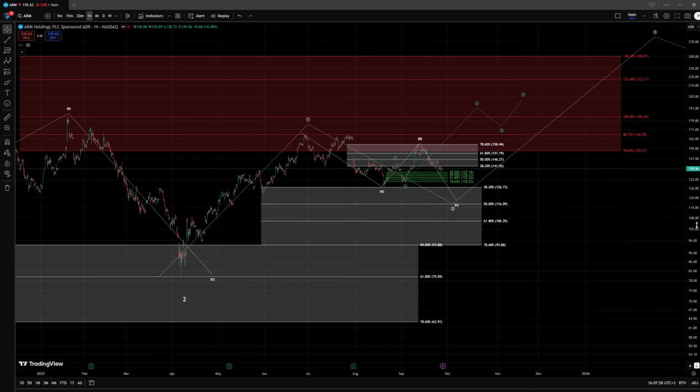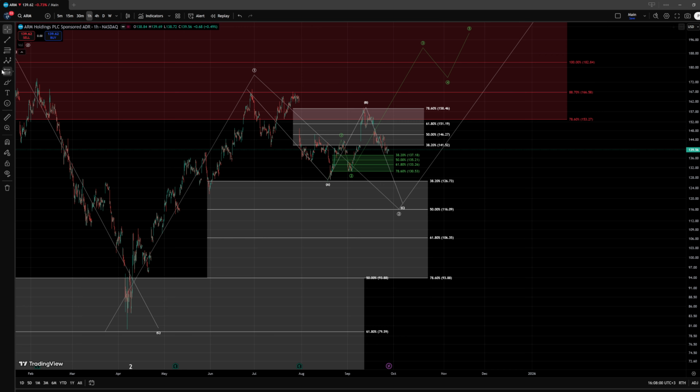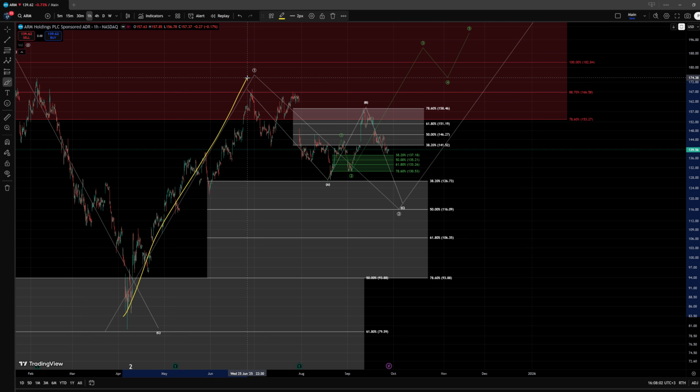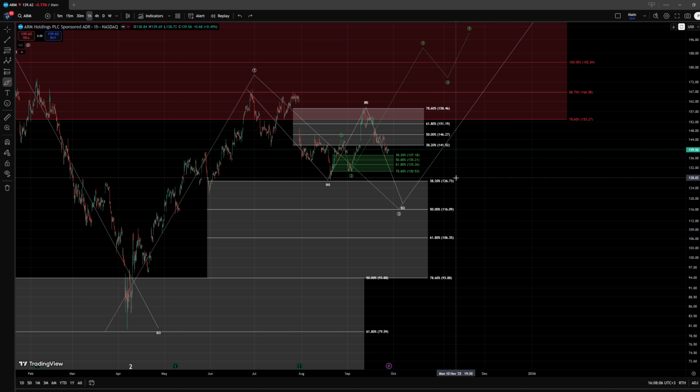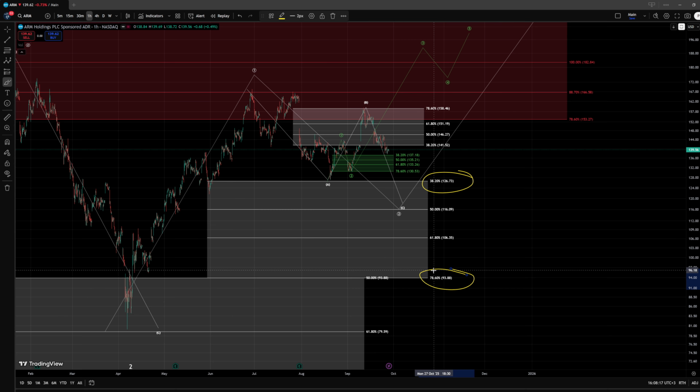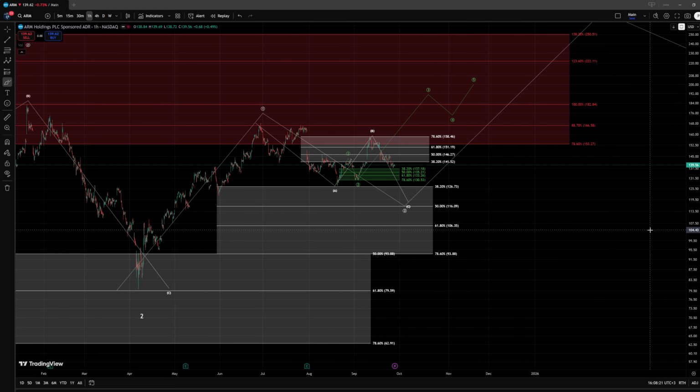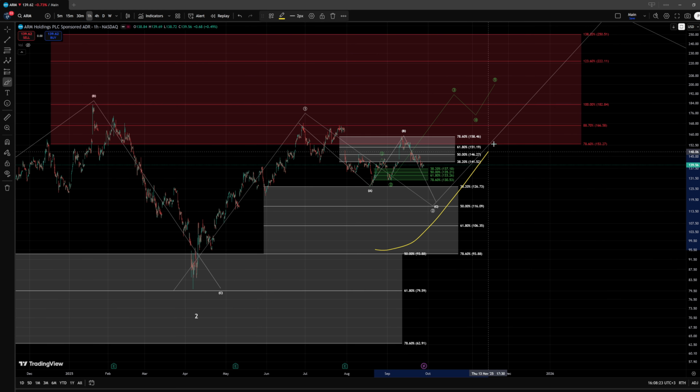We have what could be with decent likelihood a wave 1 up, and now we would be tracking a wave 2 down. For this we would expect to hold support in the area between the $126.7 level down to the $94 level, and as long as we stay above the 78.6% retracement in this area, we can with high likelihood still track this interpretation.